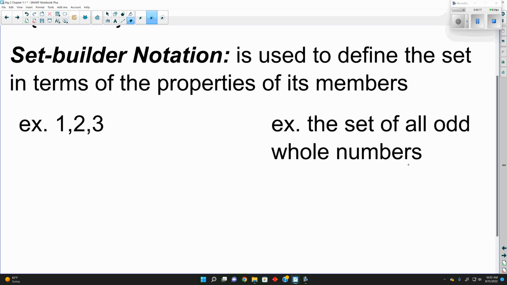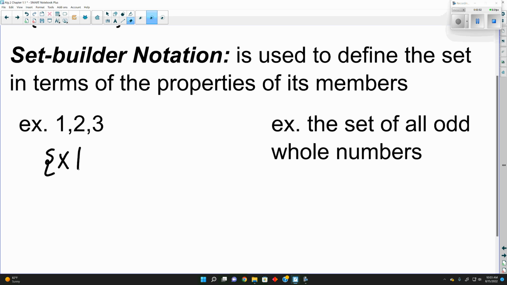So for 1, 2, 3, when we write set builder notation, we're going to write bracket x bar. This is going to be included in almost every single one. Bracket x bar. And what this says is the set of all real numbers x such that. So this bar here is actually "such that."